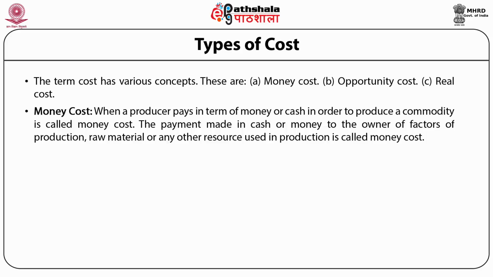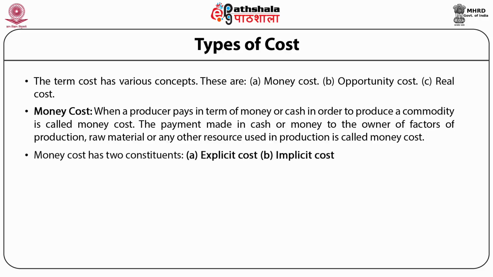This cost may be in the form of payment in money for the purchase of raw material, payment of interest for the use of capital, payment of rent for the use of land or building, electricity bill, publicity, packing charges, transport and insurance premium, etc. Money cost has two components, that is explicit cost and implicit cost.